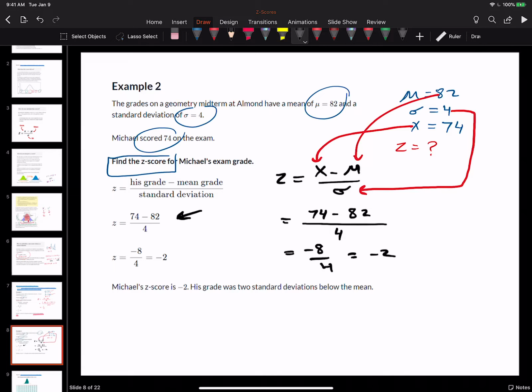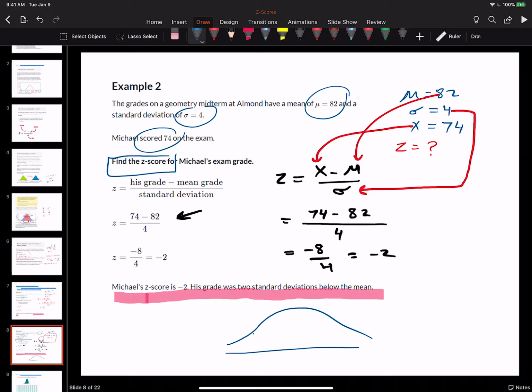That means that Michael's z-score is negative 2. His grade was 2 standard deviations below the mean. Graphically, it looks like this. So he is way down here, which is not a good sign.